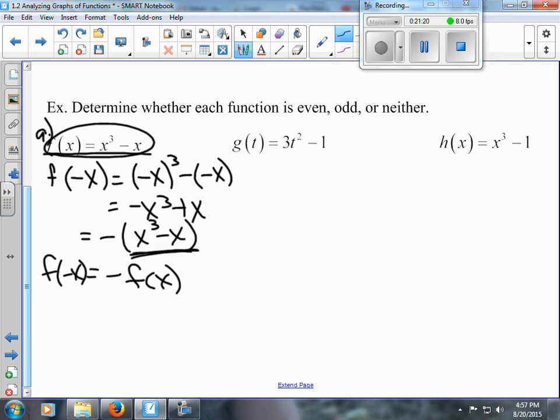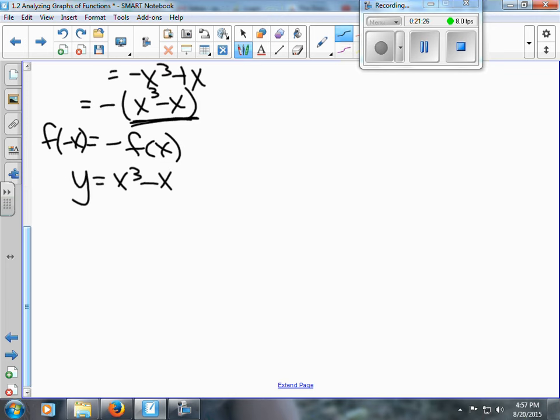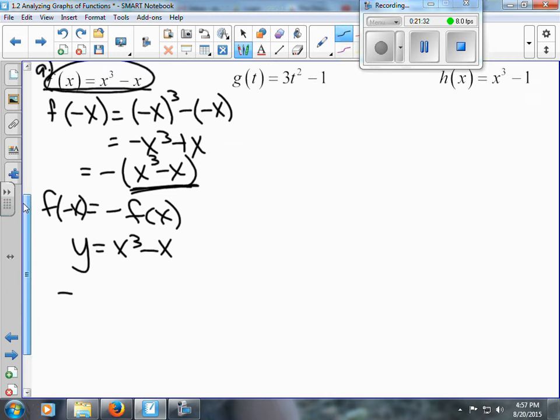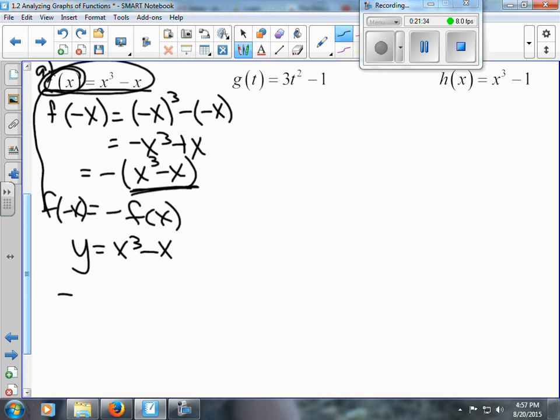The other way of checking this is you can go back to what we learned previously with x and y, where we weren't talking specifically about functions. F of x is the same as y. So here I've replaced the f of x with a y. And now I'm going to test for origin symmetry. I'm going to replace y with negative y and x with negative x. So this is the second option.